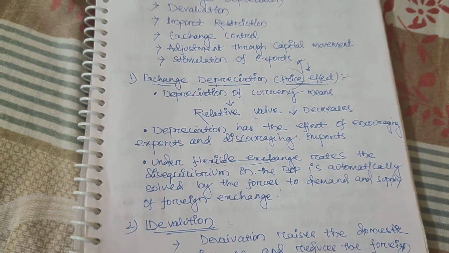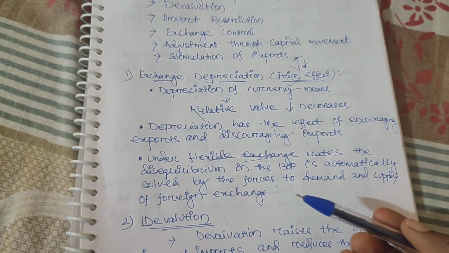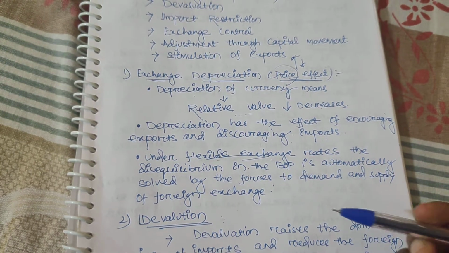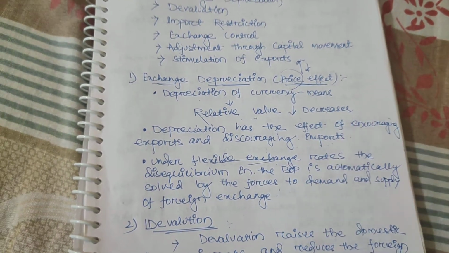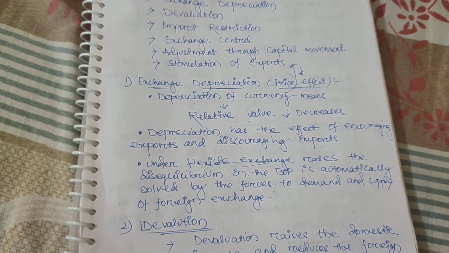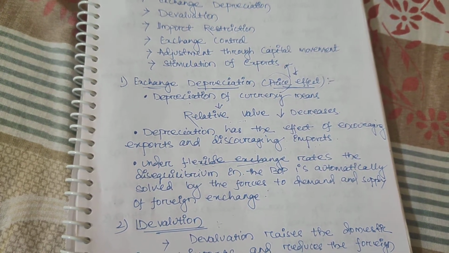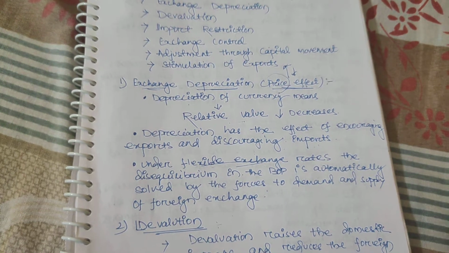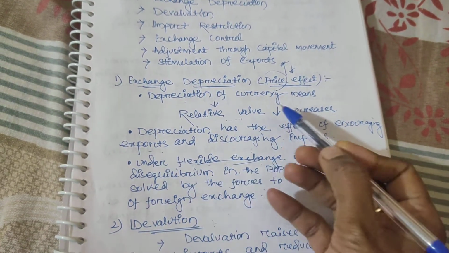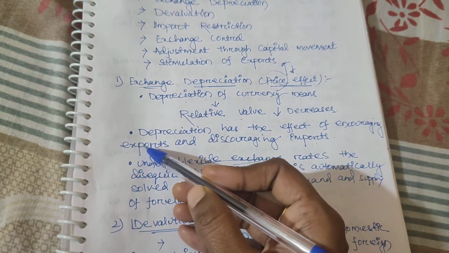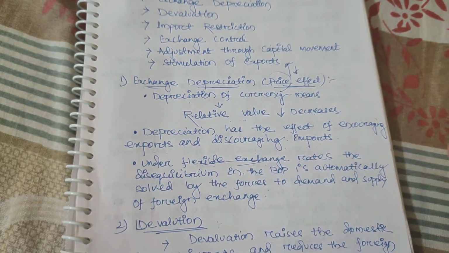Take this example: if you go to any supermarket and see broccoli per piece at 10 rupees, obviously you will not choose cauliflower, and you will pack two to three broccoli in your shopping bag. Why? Because the rate is very low. If the money value decreases, obviously other countries will take our products.